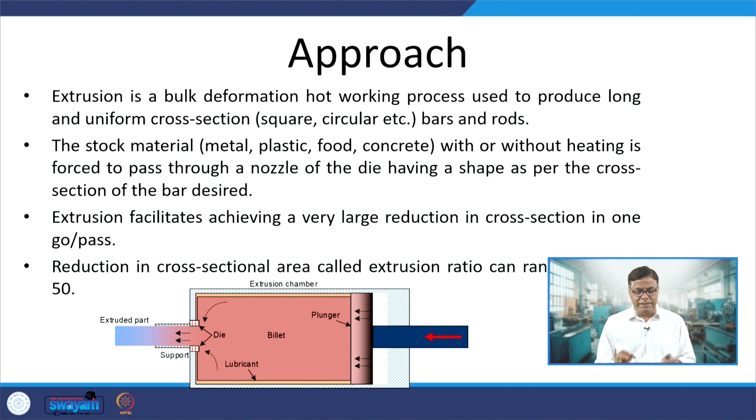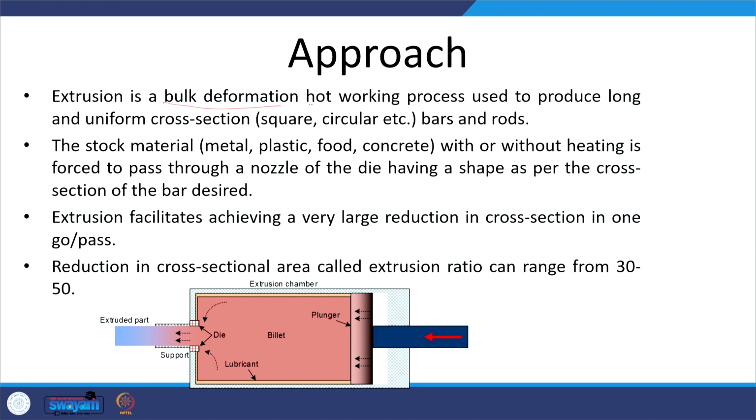Extrusion is basically a bulk metal forming process, where significant deformation of the material takes place to get the desired shape in the form of bars, rods, tubes, pipes etc. So, bulk deformation is one feature.